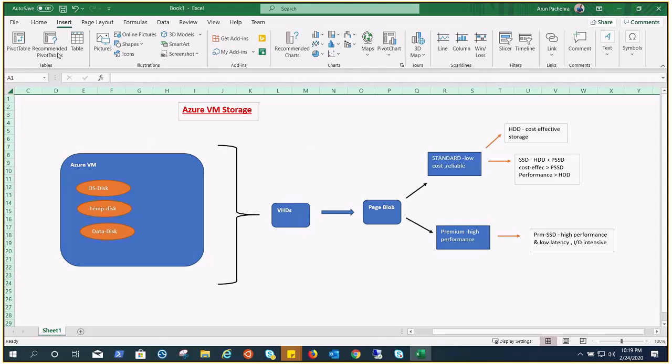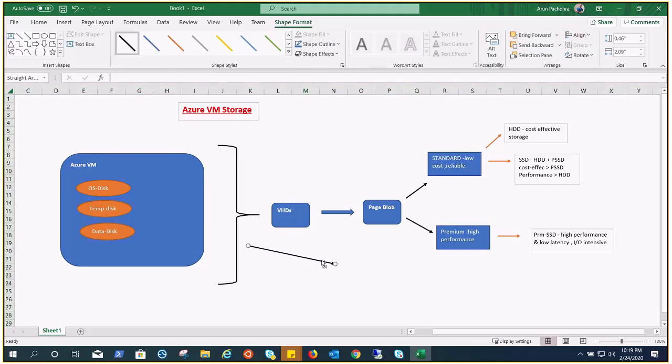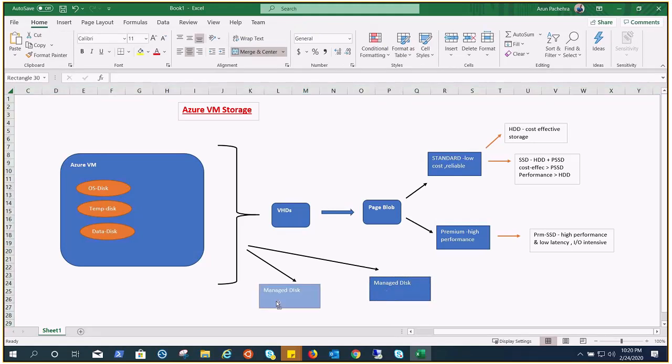So we have two more kinds of disks. We have managed disk and we have unmanaged disk.